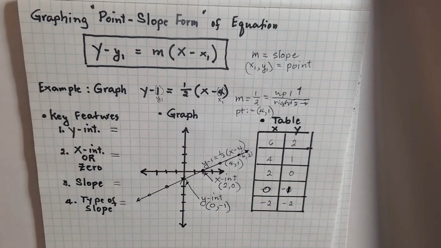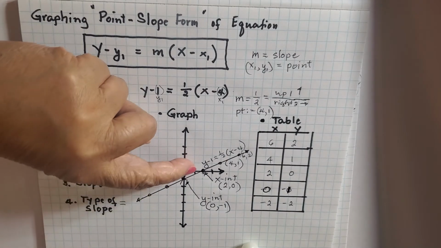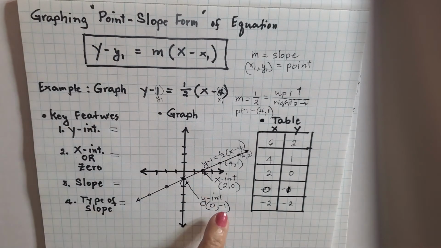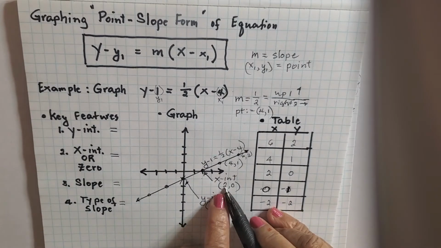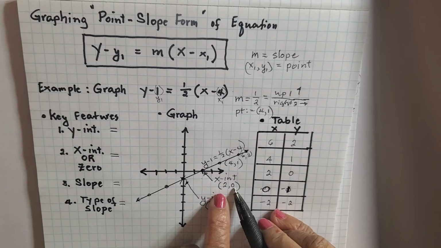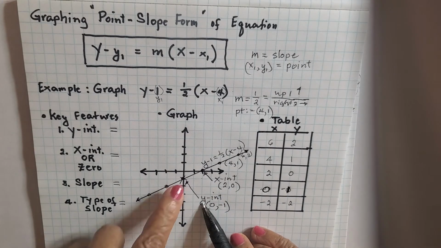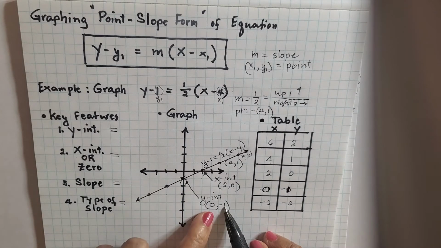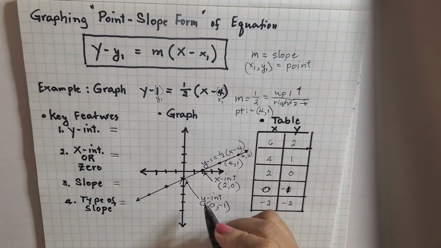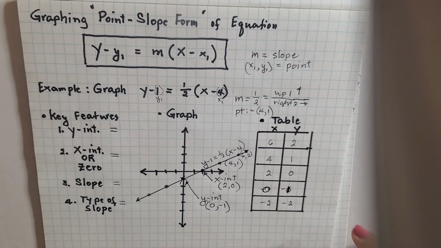This is very important, students. Be sure that when you are asked for the coordinate of the x-intercept, you have a number on the x and y is 0. If you are asked for the y-intercept, there should be a number on the y coordinate and x is 0. Again, that is very important.